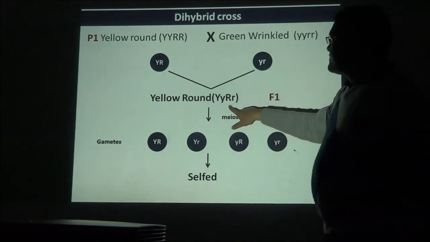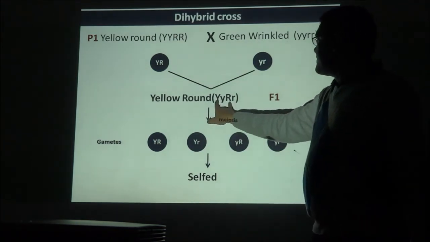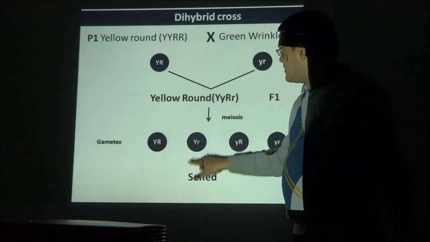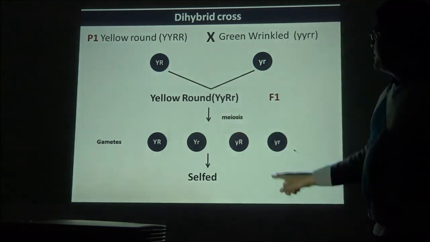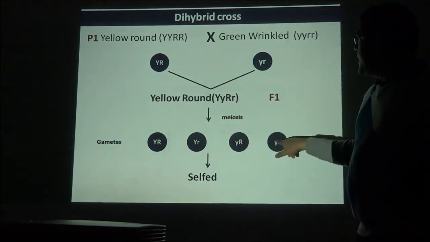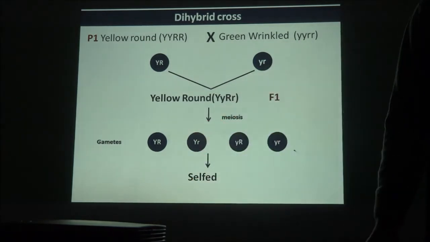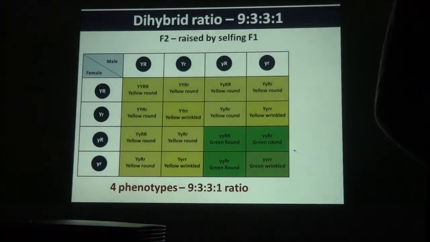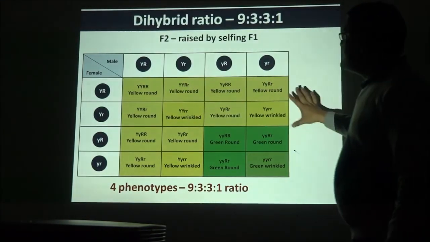When meiosis takes place, there are four possible gametes that form. You have one segregation where capital Y and capital R come together, another where capital Y and small r come together, small y and capital R, and small y and small r. These are the gametes that are formed, and then they are selfed. When you put them into a Punnett square, this is the distribution that you get.